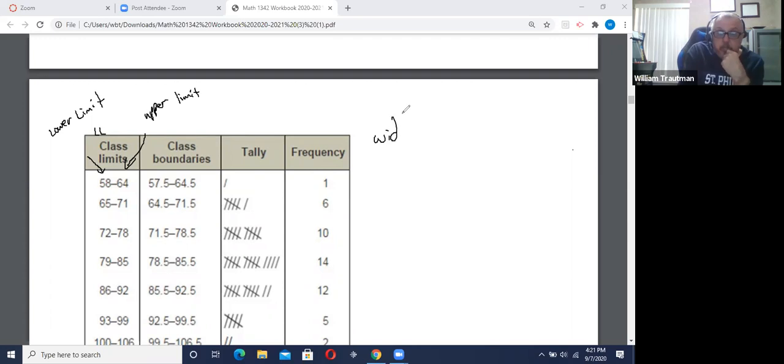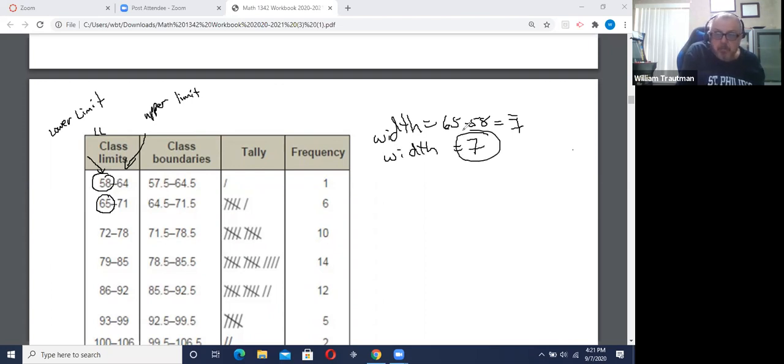The width equals, this is a lower class limit, and this is a lower class limit. These are successive, one next to the other. It's the next lower class limit. So subtract them, the largest number minus the smallest number. 65 minus 58 equals 7. Our class width is 7.